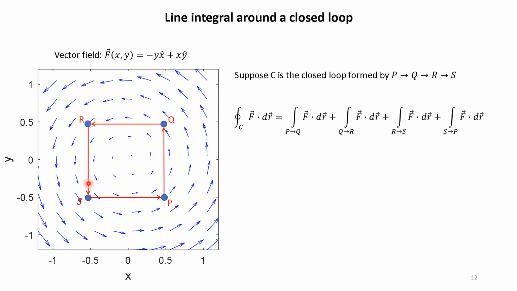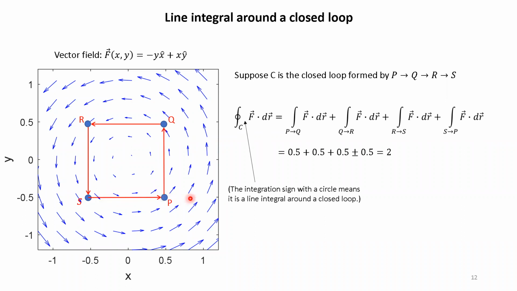Then you could just use the same procedure to go from R to S, and then from S to P. When we have this kind of line integral around a closed loop, we add this circle symbol to the integral sign. That's just a convention. When you go to E and M, you'll see this again for line integrals over a closed loop.